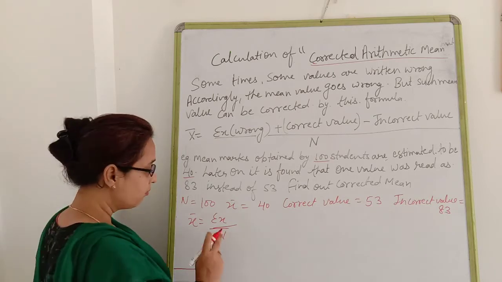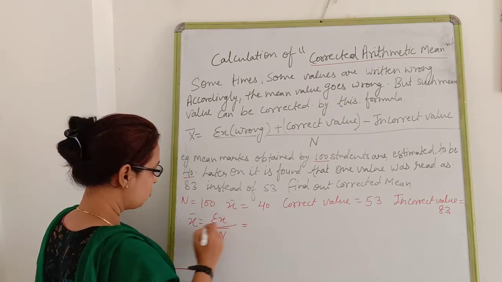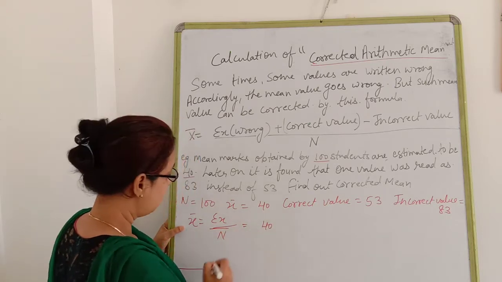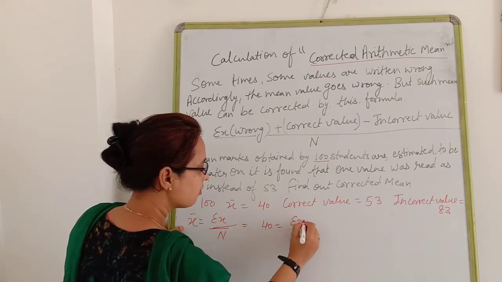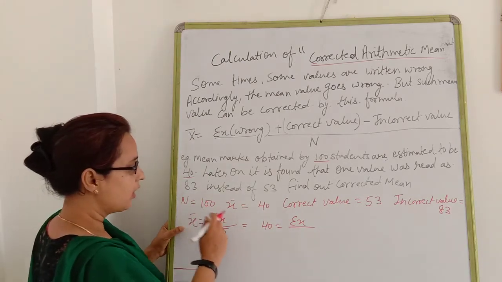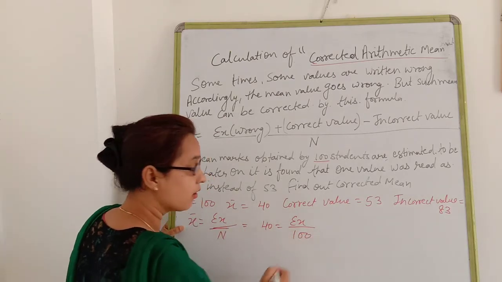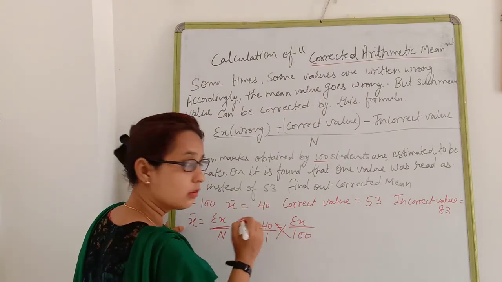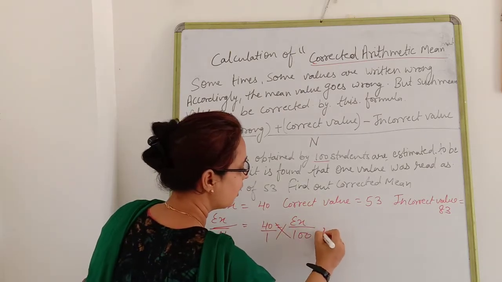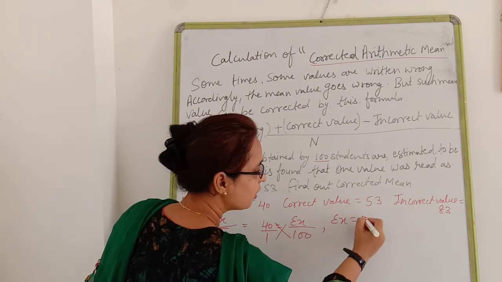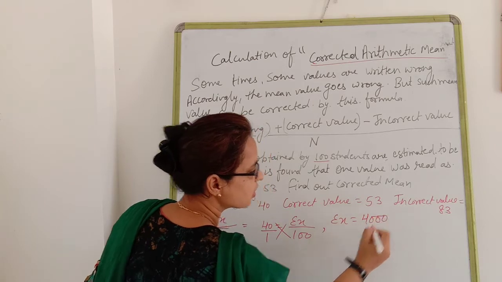So x bar is given as 40, sigma x we do not have, and the number of items is 100. Cross multiply. Then sigma x equal to 40 into 100 equal to 4000.